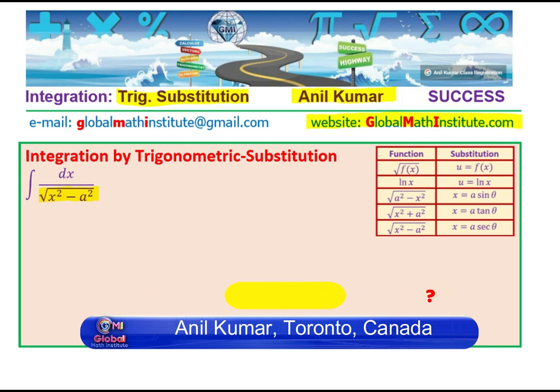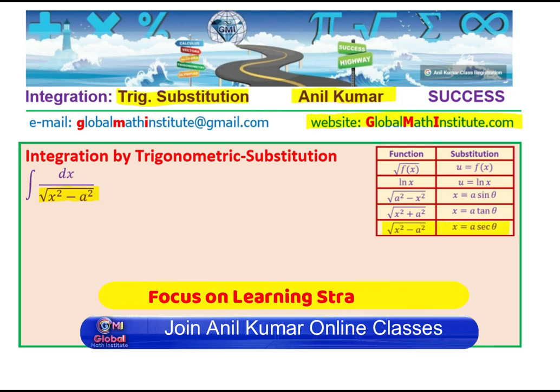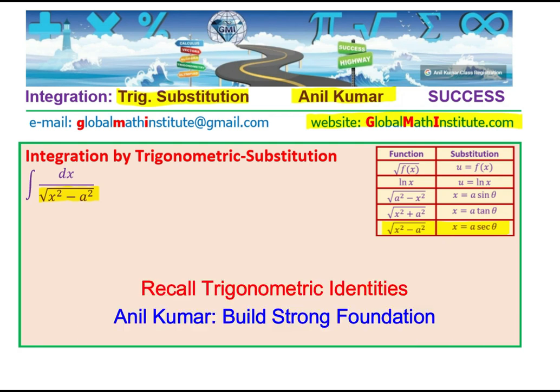Now it is recommended that for these kinds of substitution, you should use x equals a secant theta. Let us first try to understand why it should be done and how it really helps, and then we'll continue with the process of learning and understanding integration with trigonometric substitution.